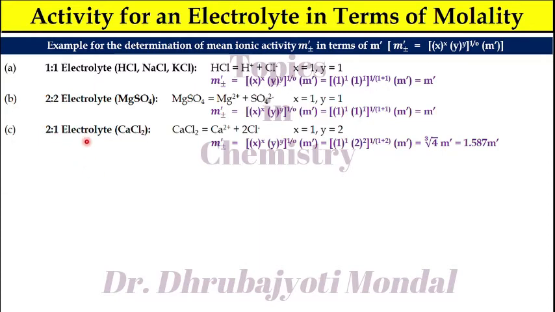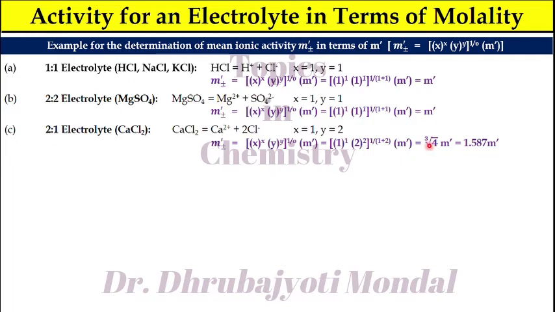Now consider 2:1 electrolyte calcium chloride. So calcium chloride dissociates into calcium 2+ ion and 2Cl- anion. So here you can see number of cation x is equal to 1, number of anion y is equal to 2. Now put the value of x and y in this equation. m'± equal to (1 to the power 1, 2 to the power 2) whole to the power 1 divided by 1 plus 2 into m'.